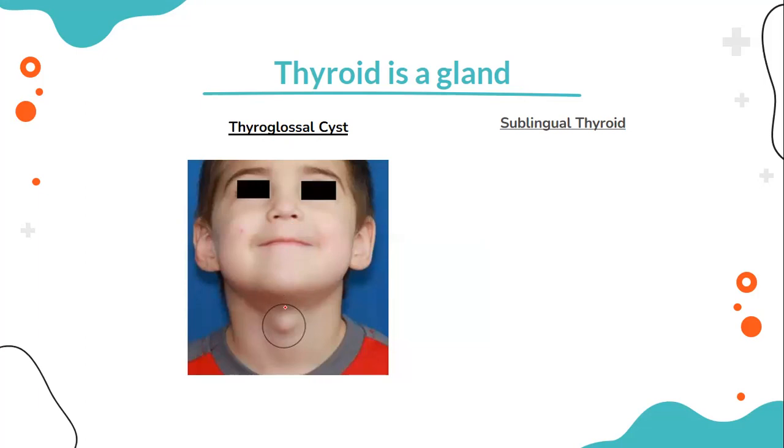If it keeps coming down, however, it does not reach its final position, which would be right here. And it stops here, higher than usual, we would have a thyroglossal cyst. But if it stops coming down at the base of the tongue, then we would have a thyroglossal cyst.